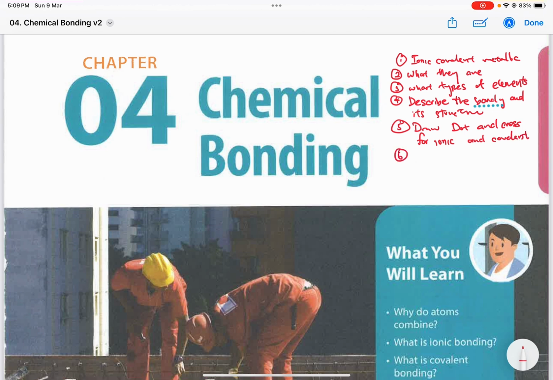And then lastly, we're gonna learn how to draw the structural formula for covalent. So this is in general what we're gonna cover in this chapter 4.